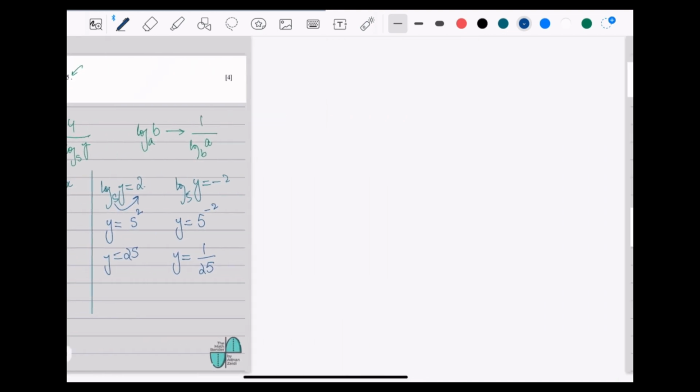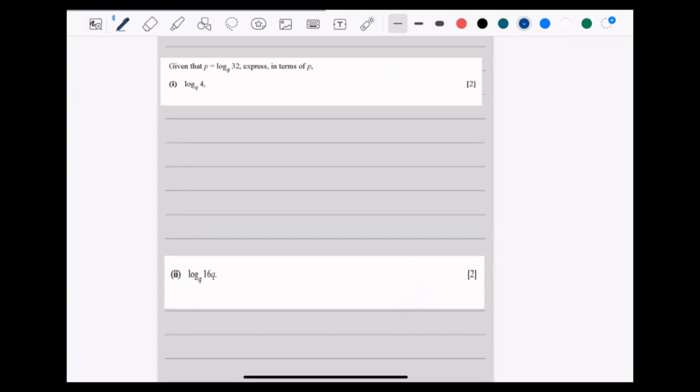Let's look at another example here. As you can see, p is log q of 32 and you have to express this in terms of p. Now the problem here is that we need log q of 4, so we need to check what log q of 4 is. So p equals log q of 32.